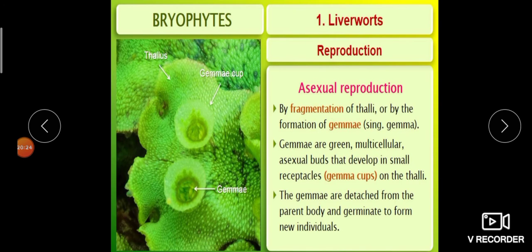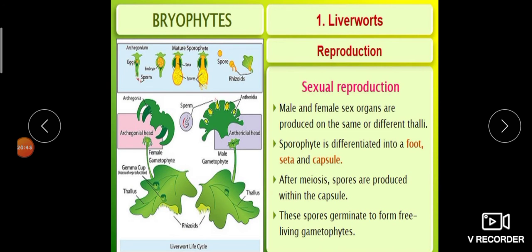Once the gemmae mature, they are detached from the parent body and germinate to form new individuals. Then come to the sexual part.